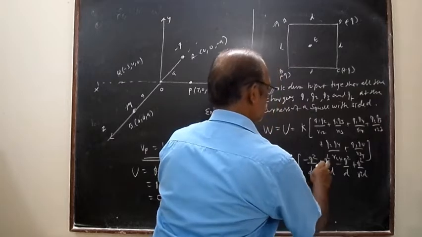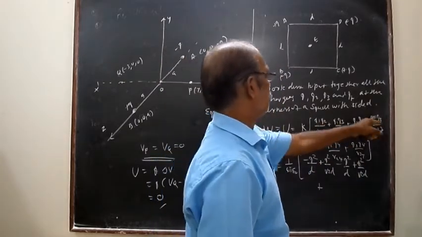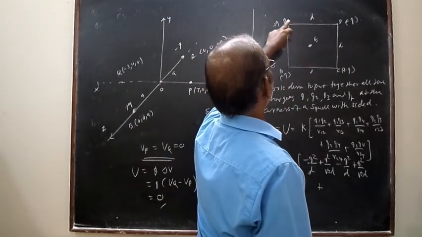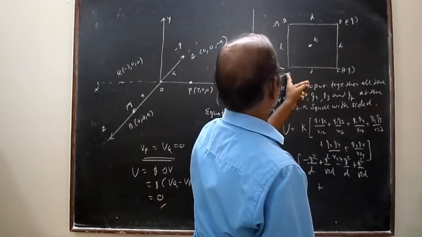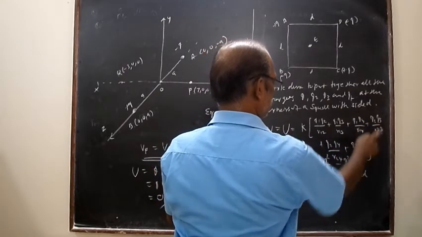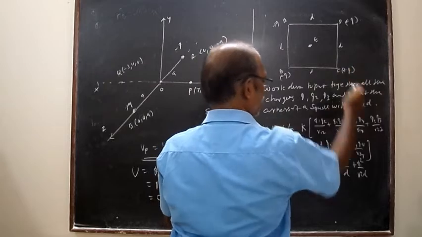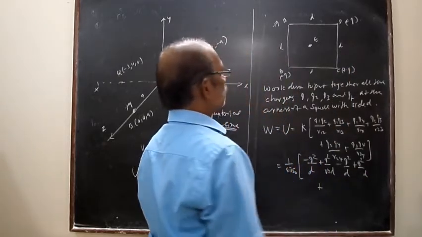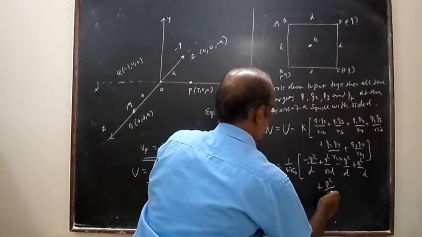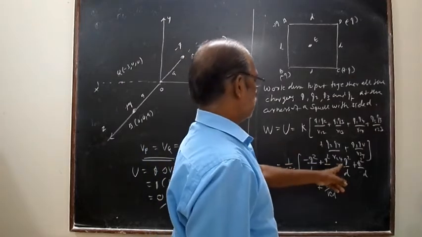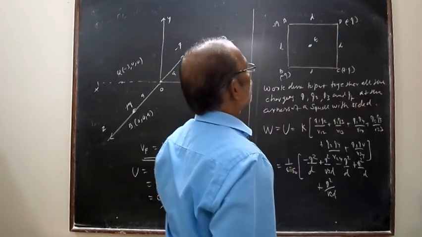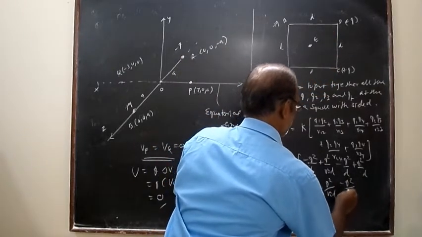Then, of the terms, Q2 Q3 is plus Q square by D only. Then the fourth one, Q2 Q4, is plus Q square by root of 2D. Then Q3 Q4 is minus Q square by D.